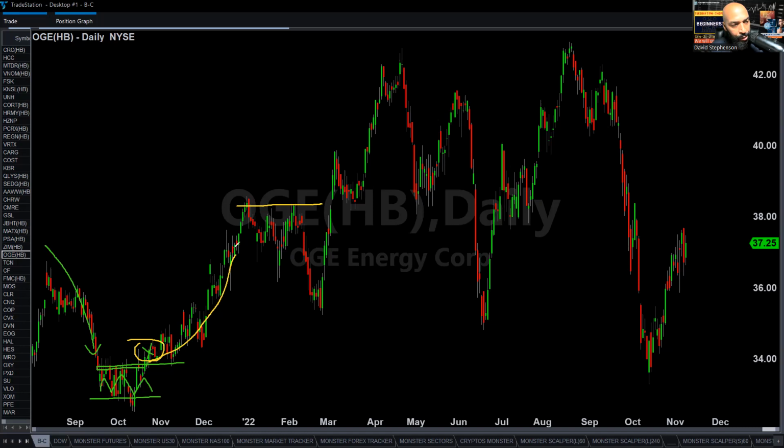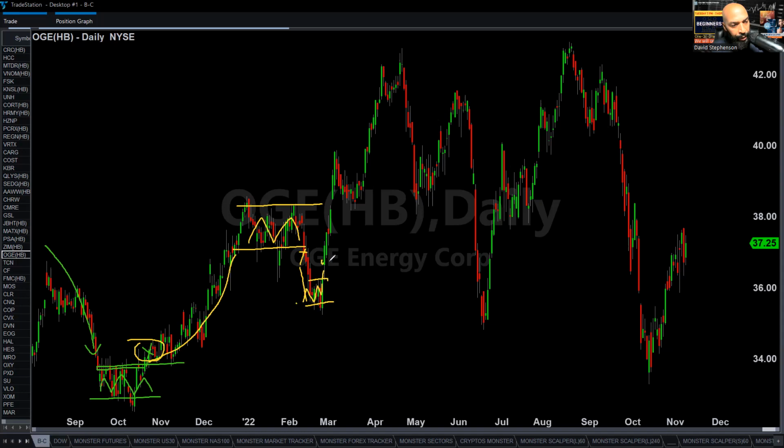Here is resistance. Here is support. Consolidation, accumulation, the price broke resistance, support right here, broke support. Markdown, small markdown phase. Okay. Resistance, support, not perfect. Broke resistance.